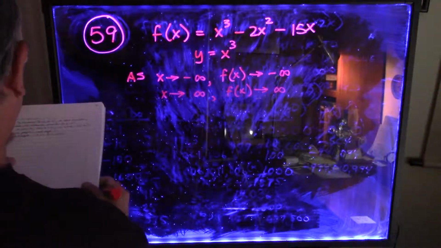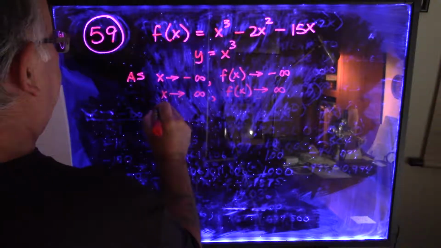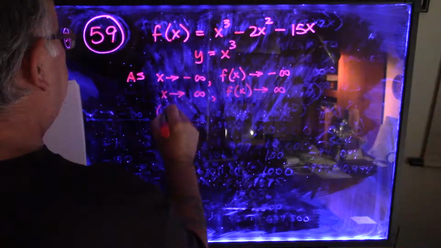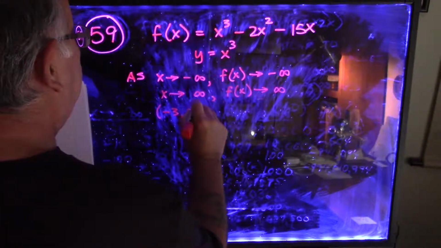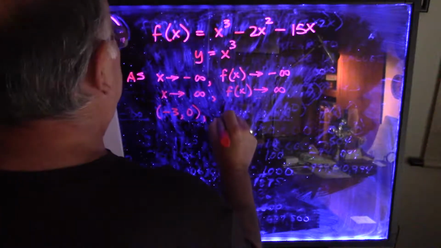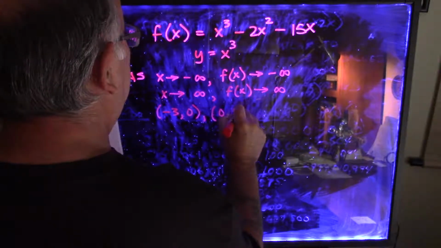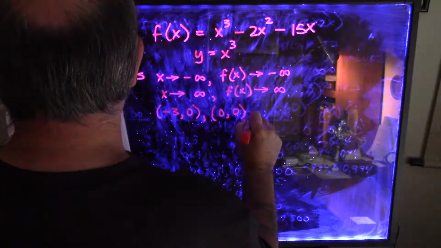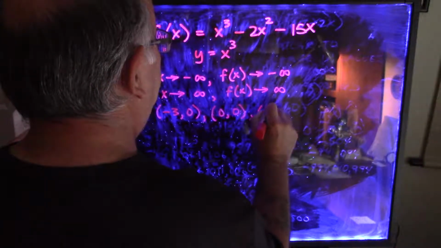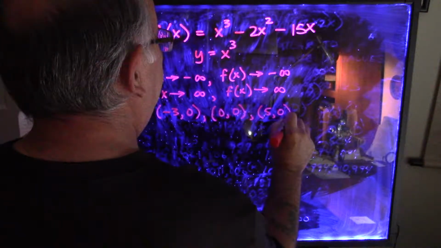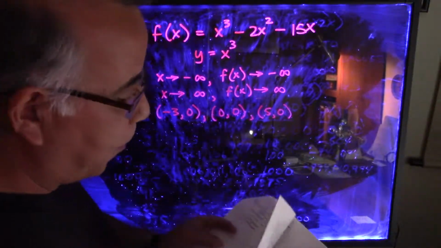All right. And the intercepts are -3, 0, 0, 0, and 5, 0. Got those off of the graph. So let's look at the graph.